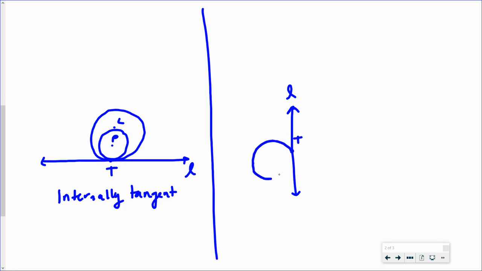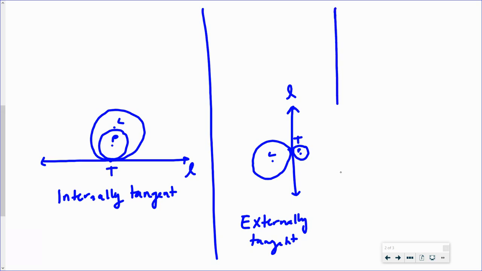If I have circle L tangent to line L at point T, and then circle P tangent to line L at point T as well, then these circles would be externally tangent, because one circle is not on the interior of the other circle.